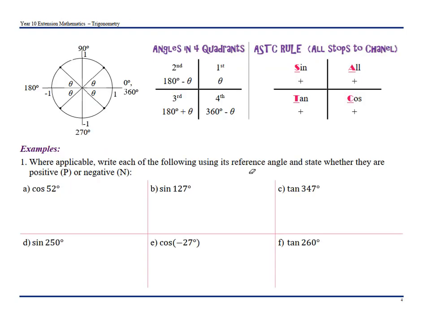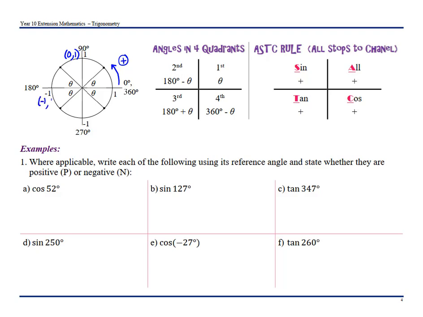So to summarize that, if we are going in an anti-clockwise direction, we're dealing with positive angles. At our x-axis, that's 0 degrees. We haven't gone anywhere. Up at this point, which is our (0, 1) point, that's 90 degrees.